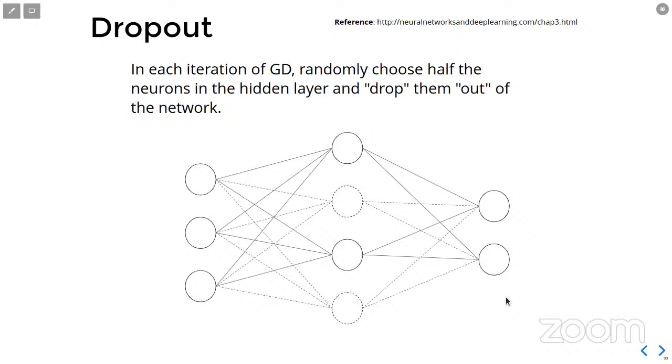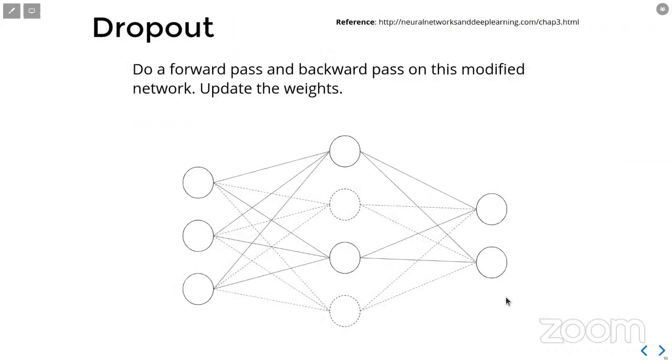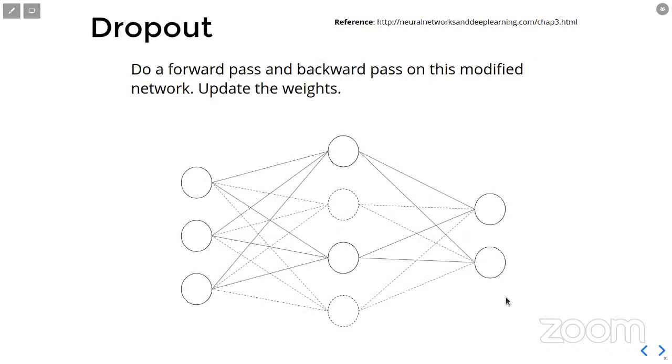See, okay, so the reason why this works is that you're not going to drop the same set of neurons in every pass. In every epoch or in every update of gradient descent, you're going to choose a different bunch of neurons and then drop them. Okay, so the network is kind of forced to learn with a reduced number of neurons.